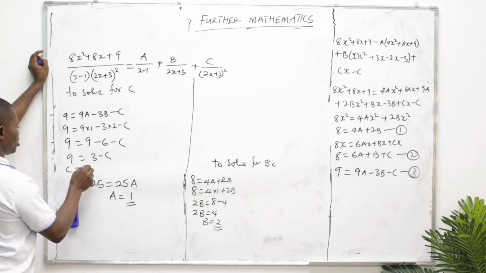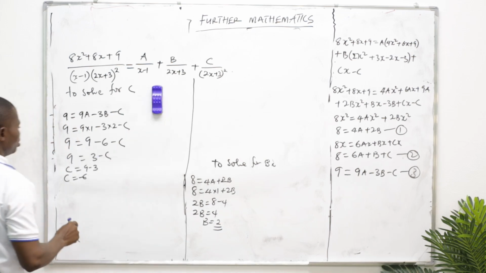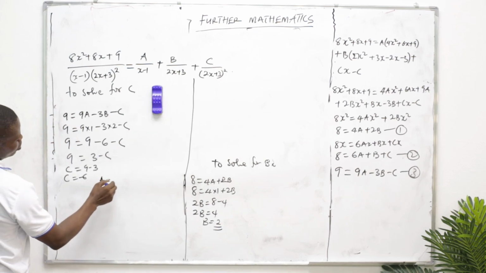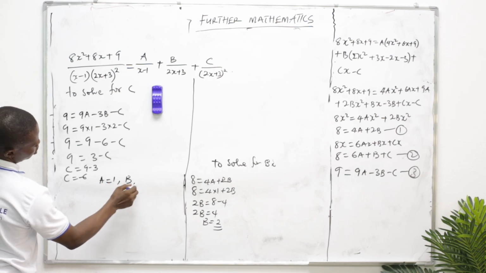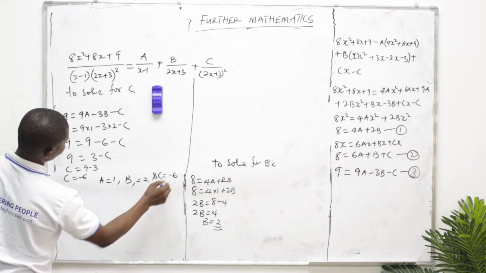C equals 9 minus 3. C equals minus 6. So, A equals 1, B equals 2, and C equals minus 6.